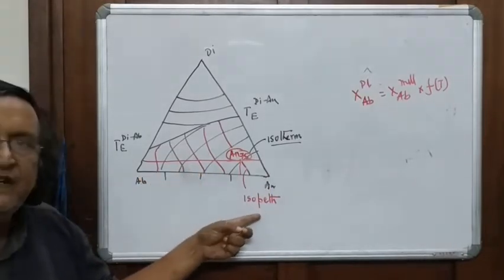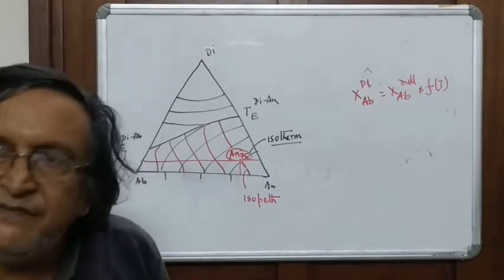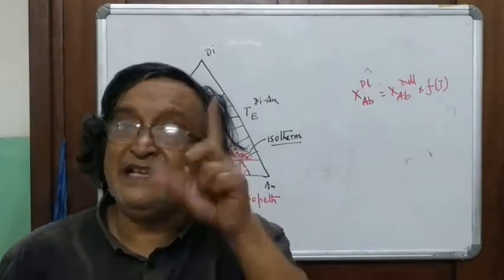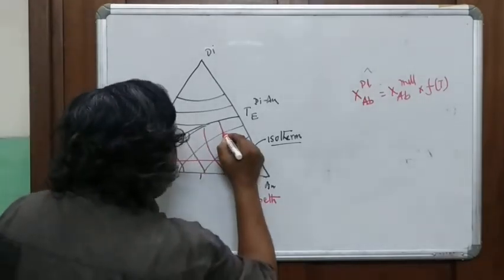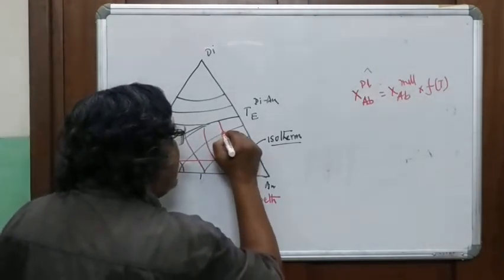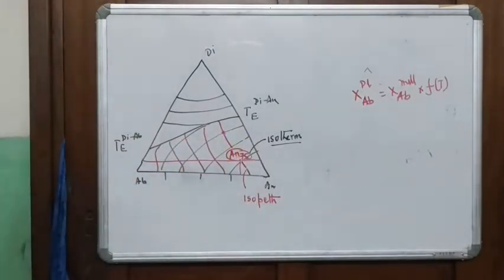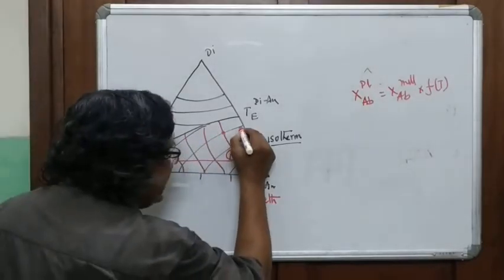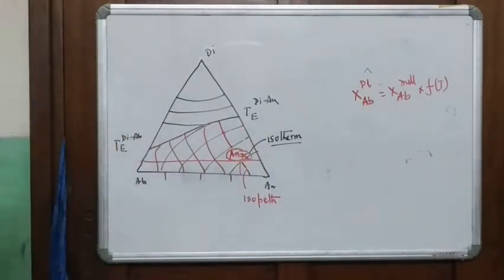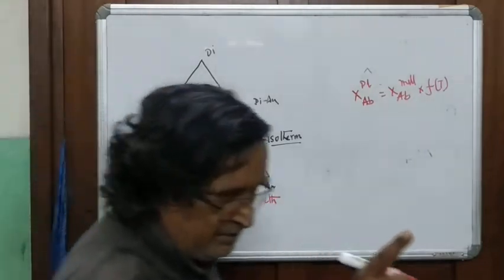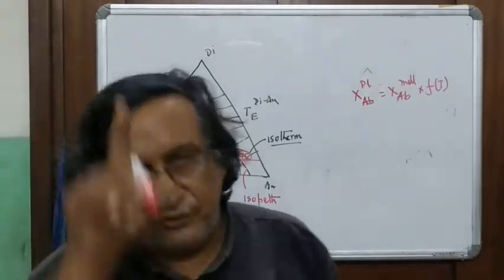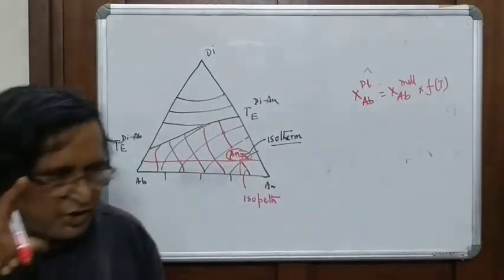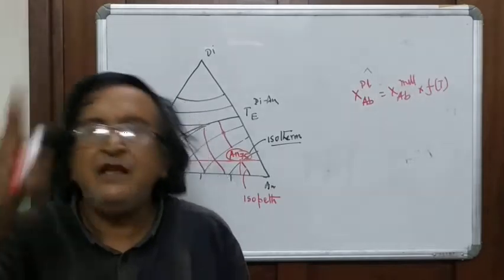And that will not be 75, it will be less than anorthite 75. So if you take a point here, then you not only get the temperature from the isotherm, but you also get the composition of the crystallizing plagioclase.